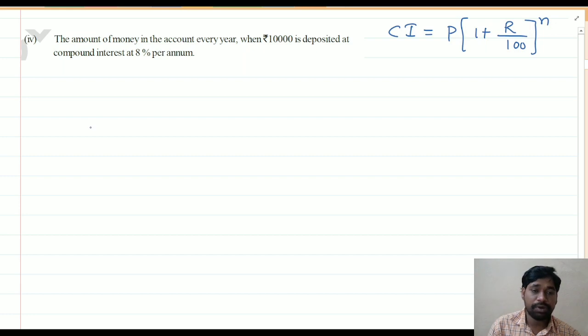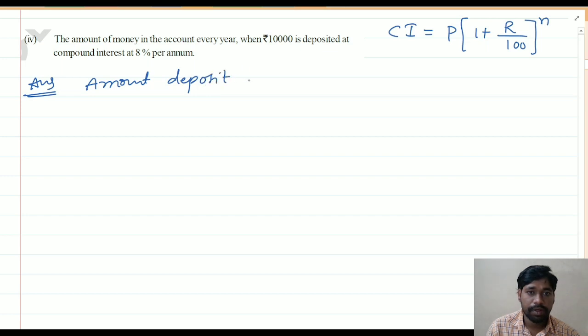So here the amount initially deposited becomes the principal amount, which is nothing but rupees 10,000.